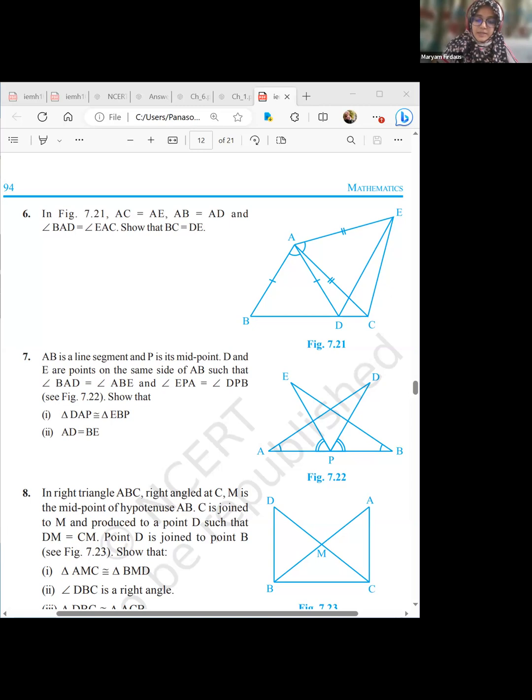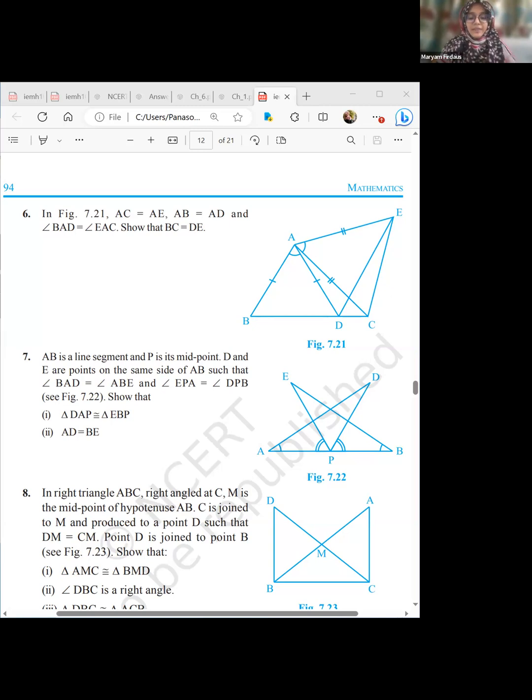So what we can do is, let's call this tiny angle over here. We can see this angle. Let me erase this, okay? Let's call this angle X. Okay, I'm going to call this angle X. Now, we can see that angle BAD plus X, I'm just taking the equation that is already given to us.